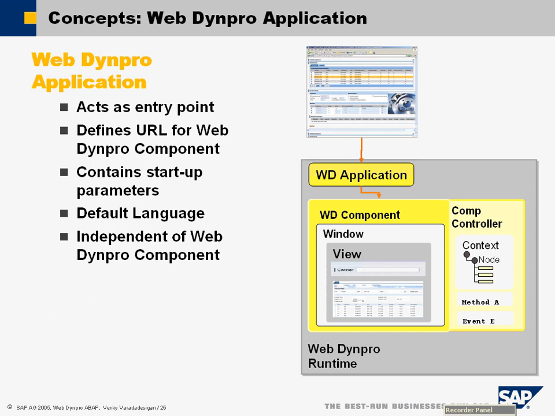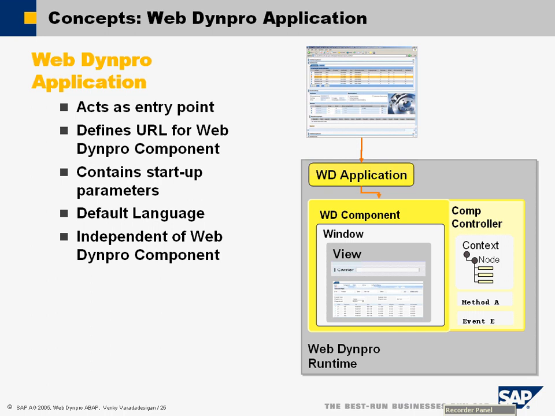So what is a Web Dynpro application concept? We have already seen that. An application is the entry point to your component. That's where you have the URL. The URL is tied to the application. You can also have parameters to your application.